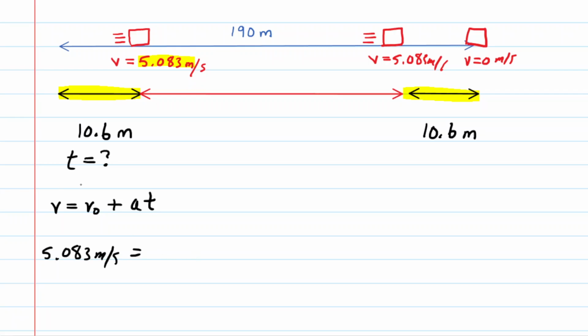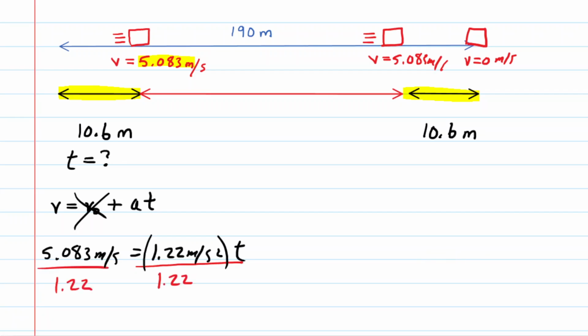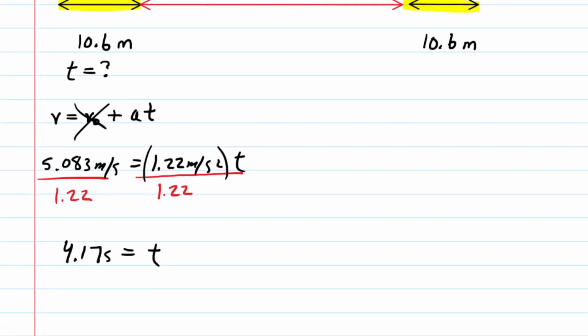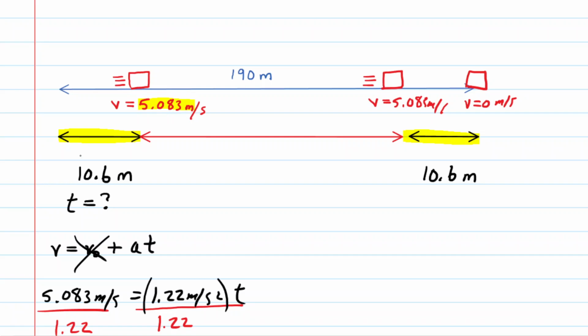The initial velocity was 0, so we can knock that out. And then the acceleration was the 1.22 meters per second squared. Now we can easily solve this for time by dividing both sides by 1.22. And when we do that, we see that the time is about 4.17 seconds. So it took 4.17 seconds for the cable car for that first leg of its journey.